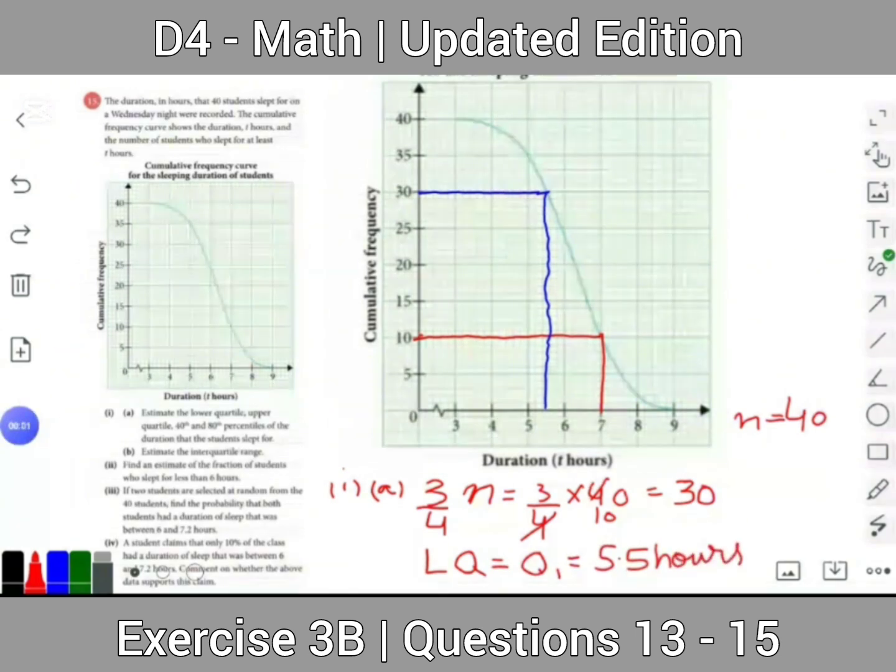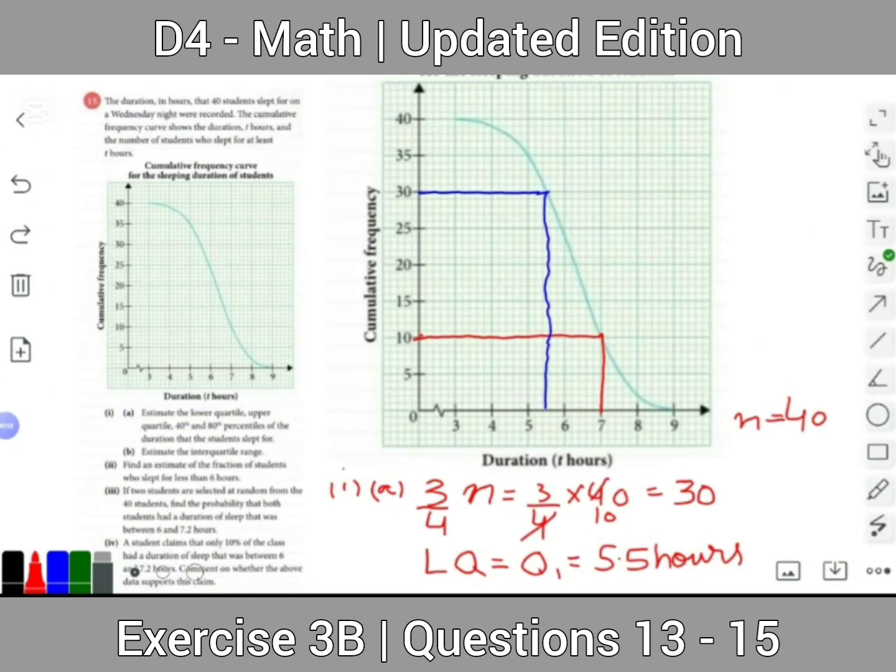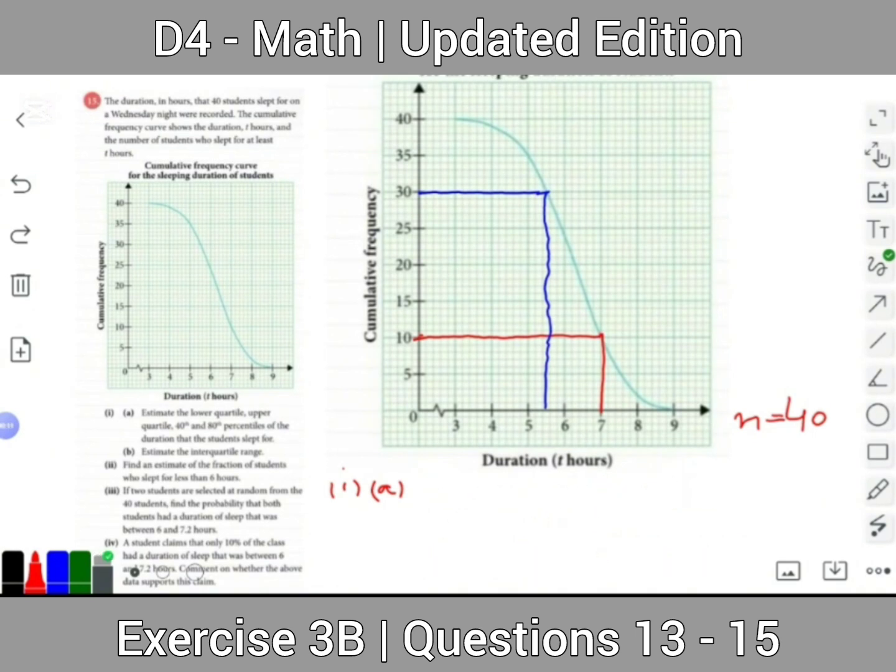Now to find the upper quartile, to estimate its position we will use n by 4, which is 40 over 4, and it will give us 10.